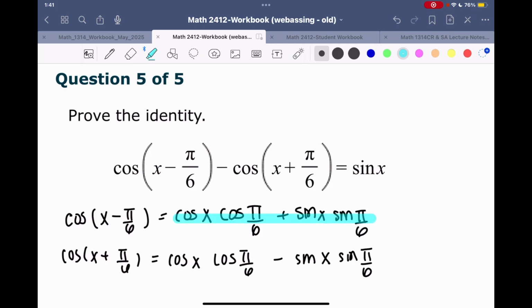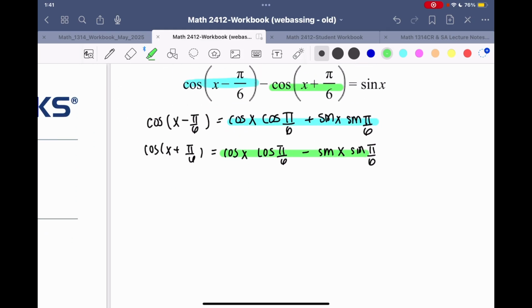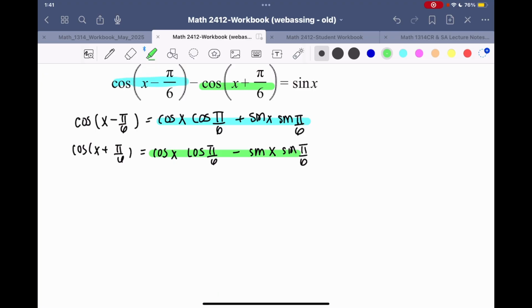So this one is going to go here, and then this one is going to go here. Oops, right here. We're working on the left only. So as I substitute, I'm going to get parentheses cosine x cosine pi over 6 plus sine x sine pi over 6.